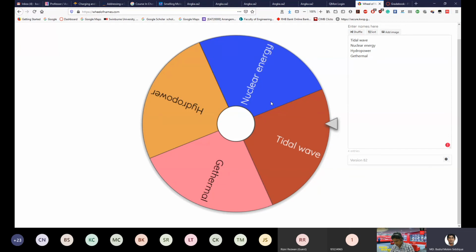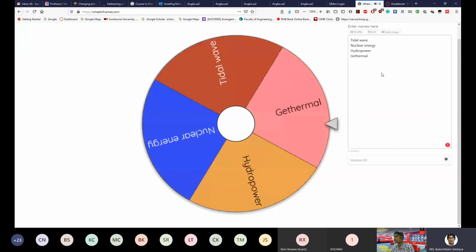Number 5th is, who is number 5th? Group number 2 is number 5th. Yeah, I'm going for group number 2.